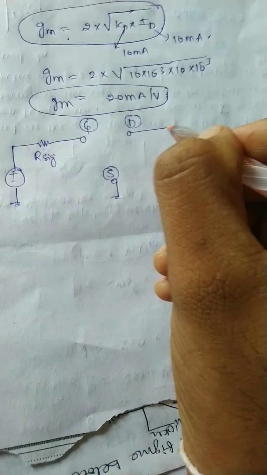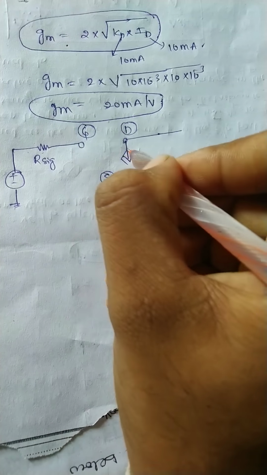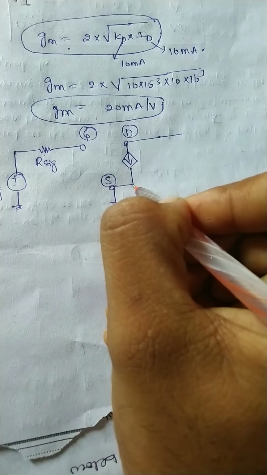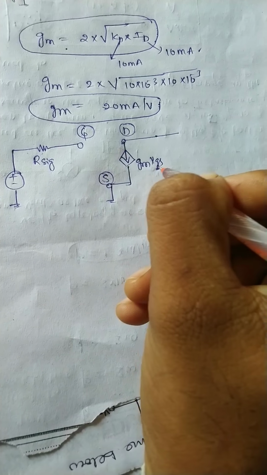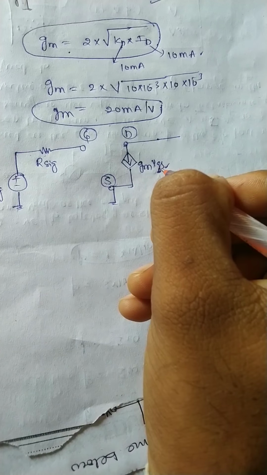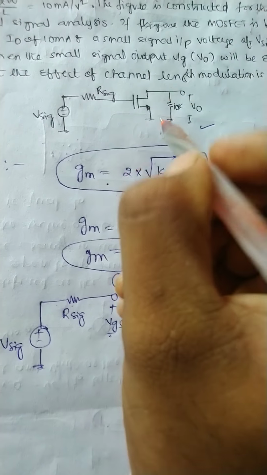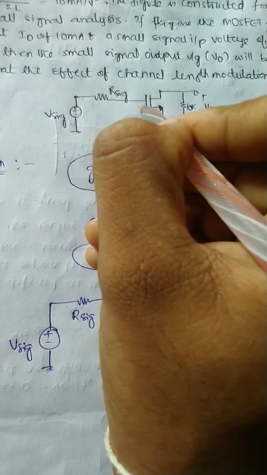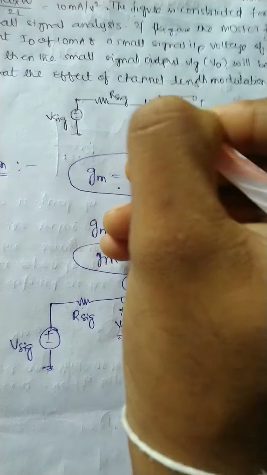Then on the output side, a current source gm VGS. How do we get VGS? It is the gate to source voltage, from the input side. In our question they have given an n channel MOSFET, with source, gate and drain.